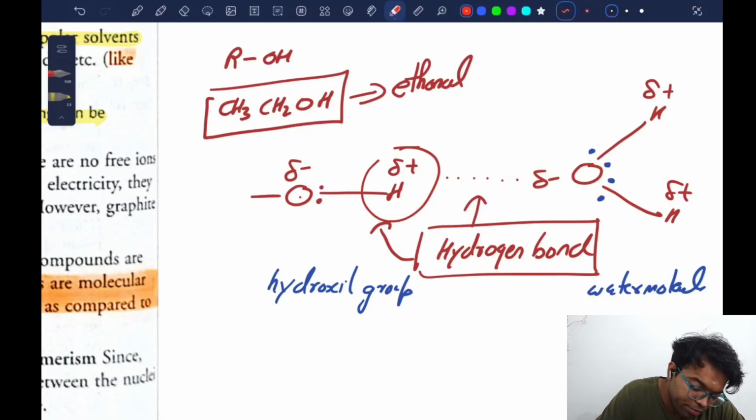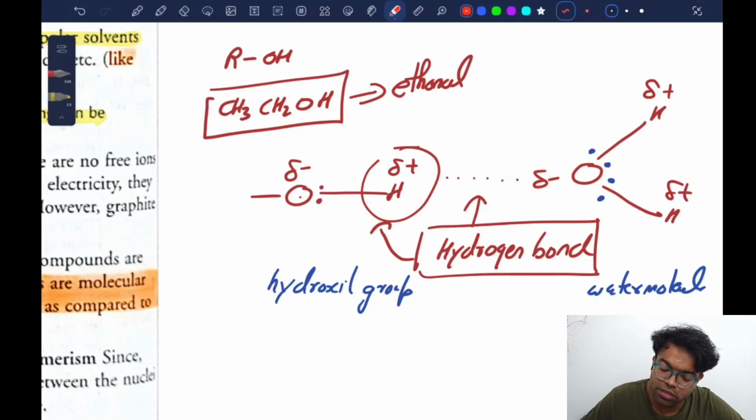Understood? So this is known as an intermolecular bond, a hydrogen bond. This belongs to the intermolecular bond group.